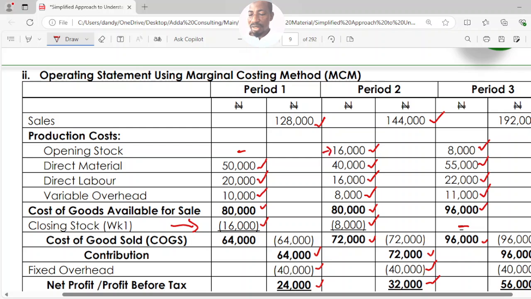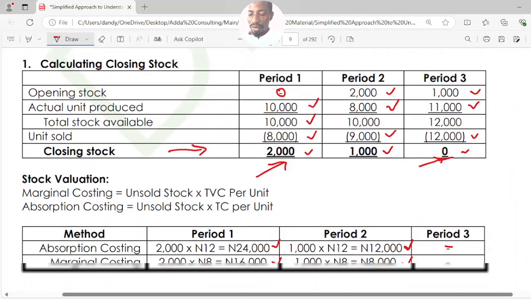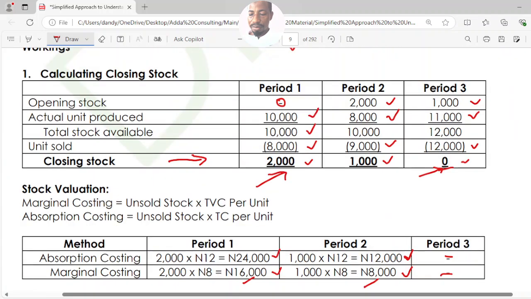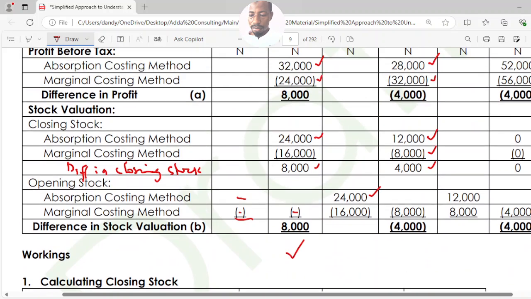That's the 16,000 that you are seeing there. So 24,000 minus 16,000 will give us 8,000. Therefore, 4,000 minus 8,000 will give us minus 4,000. Again, the difference in profit is minus 4,000. Difference in stock valuation is minus 4,000. It also means that this one is correct.